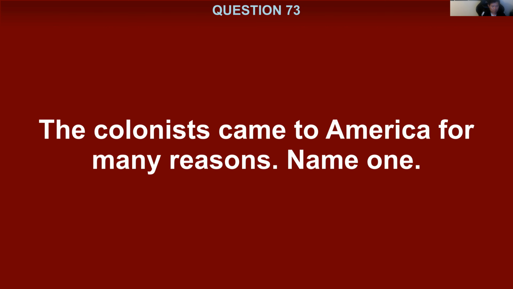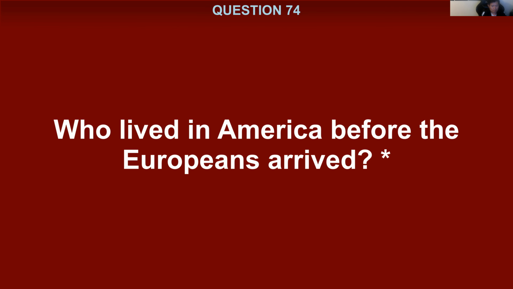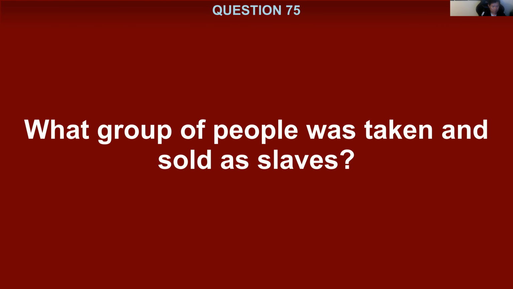The colonists came to America for many reasons. Name one. Freedom. Who lived in America before the Europeans arrived? American Indians. What group of people was taken and sold as slaves?